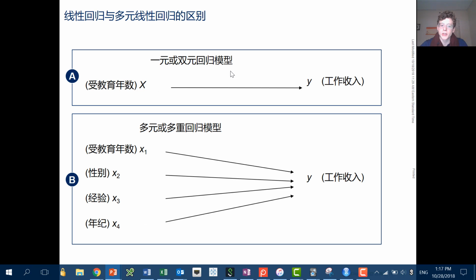When you have a multiple linear regression, you're asking: what is the effect of, for example, education on income, controlling for these other variables? That's the difference between the two. Simple linear regression is one variable, multiple linear regression is multiple variables, and you have this added benefit that you can control for other variables' variation.